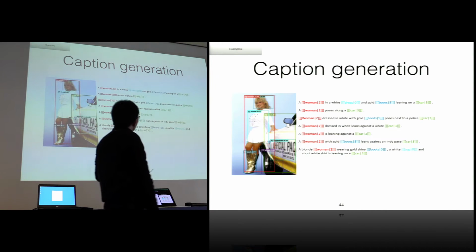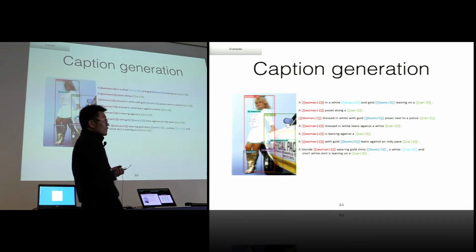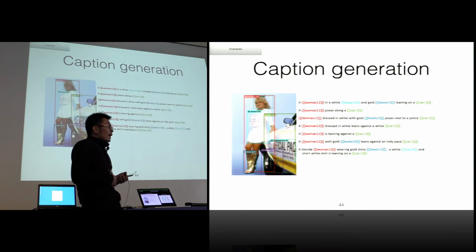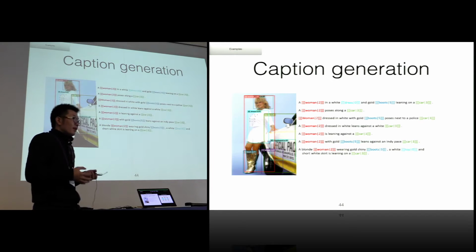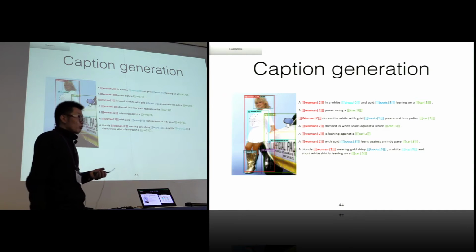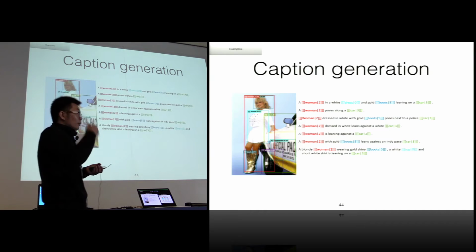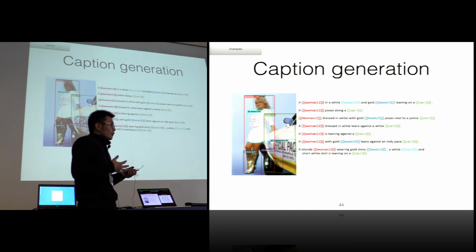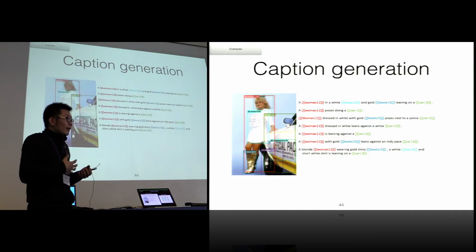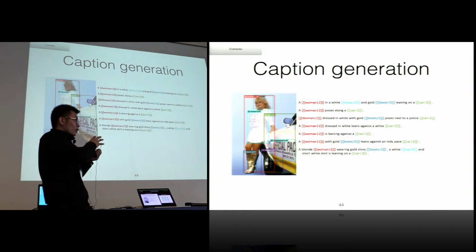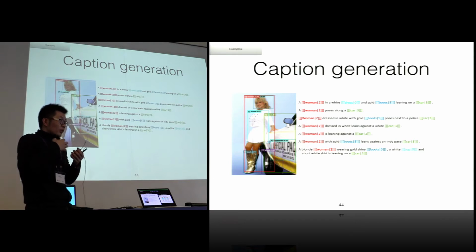Another example is image caption generation. Right now we can classify images, but that's not enough. We need to understand what's inside. We need to describe and really understand the image. So people train a convolutional neural network where you give the neural network a bunch of images and also a bunch of descriptions.